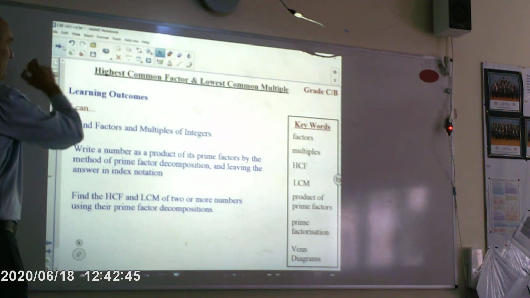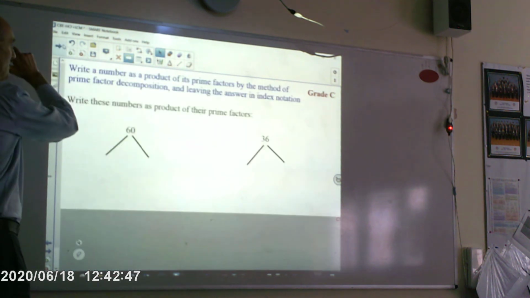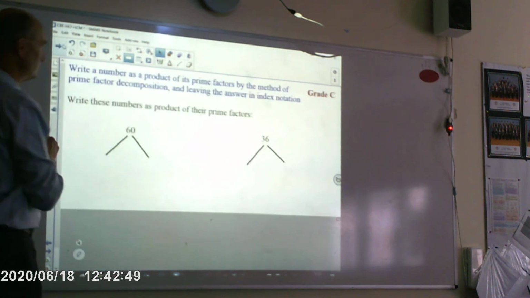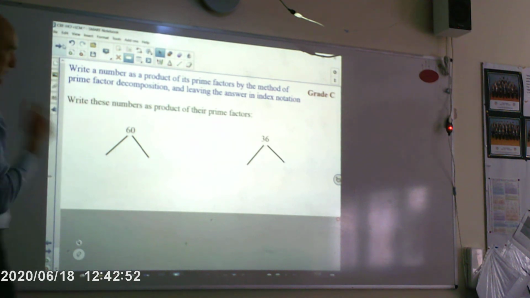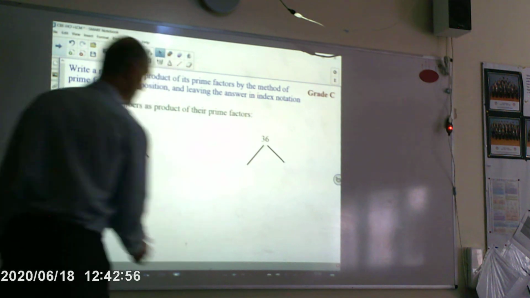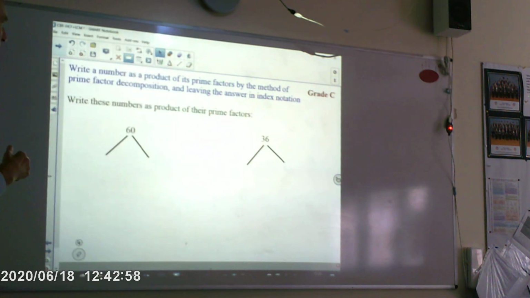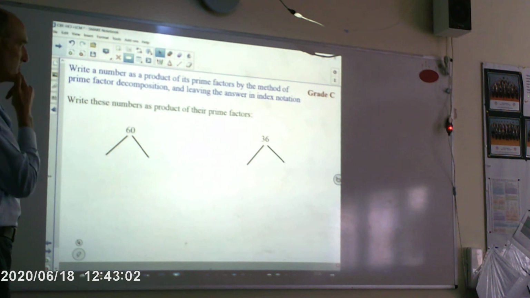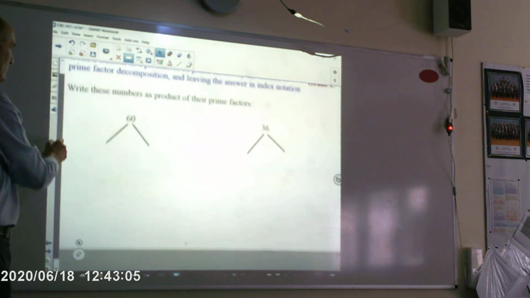And then we're going to talk about highest common factor and lowest common multiple. Right, so you should have done this before, it should be a revision for you. I'm going to take those two numbers, 60 and 36, and I'm going to say, right, write them as a product of their prime factors.